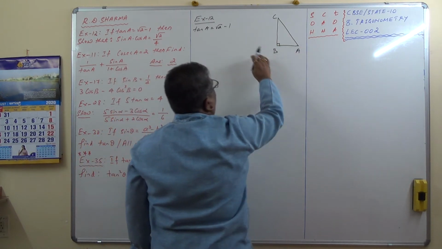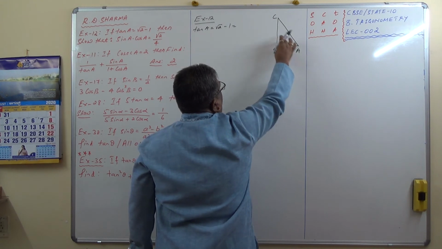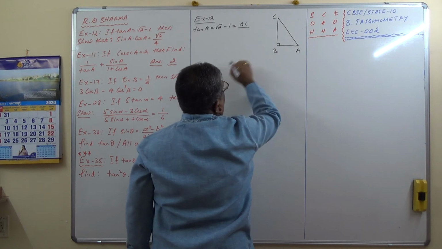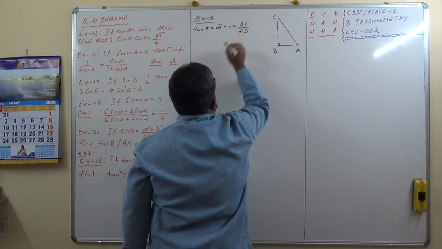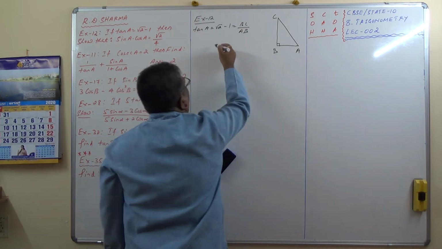If tan A equals root 2 minus 1, this equals opposite by adjacent side, BC by AB.